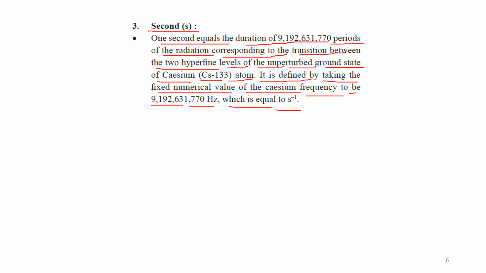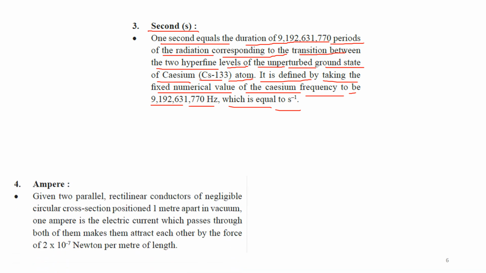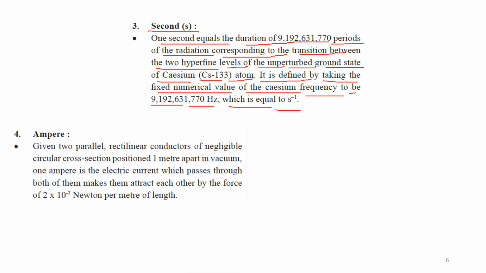Since we are seeing measurements and units, that's why I'm giving these definitions, but actually it is not required. Nobody is going to ask you. Now the fourth one is the ampere. What is the definition of ampere?